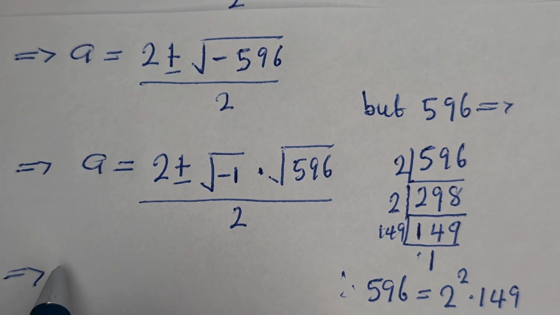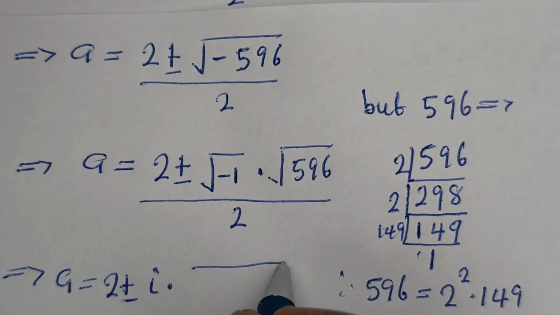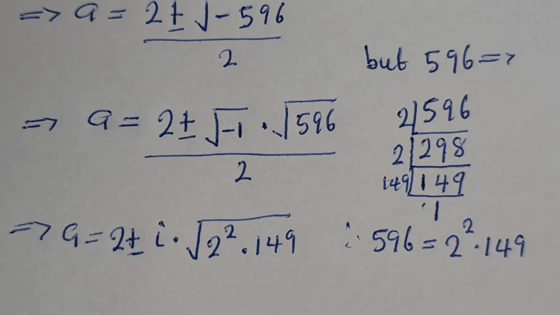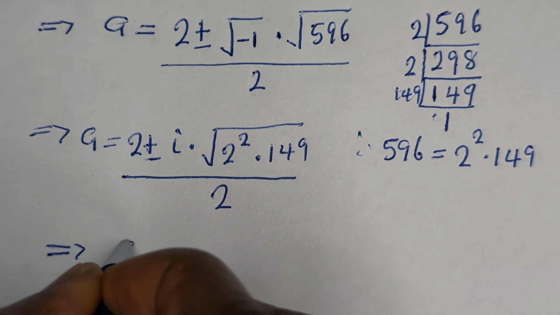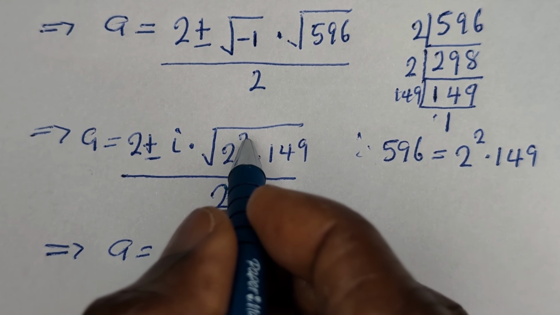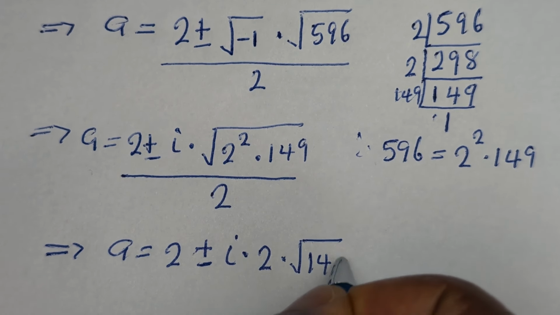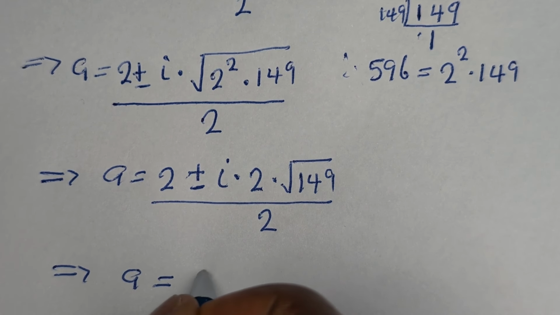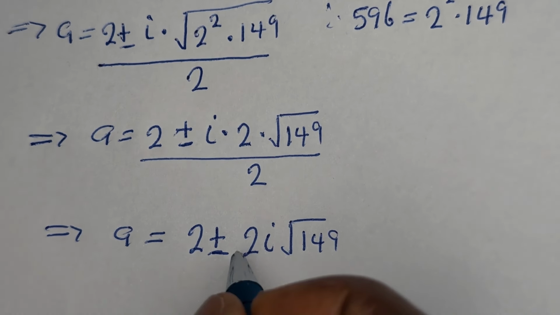And this can be written as a is equal to 2 plus or minus square root of minus 1, which is i, multiplied by square root of 2 square multiplied by 149, over 2. a is equal to 2 plus or minus, this is i, then square root of 2 square, that is 2, multiplied by square root of 149 over 2. a is equal to 2 plus or minus 2i square root of 149 over 2.